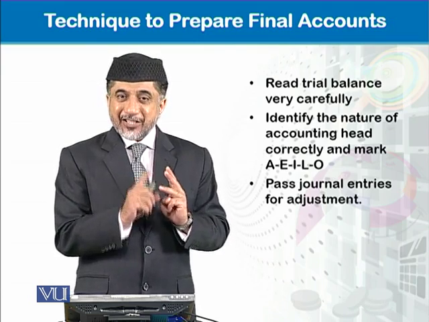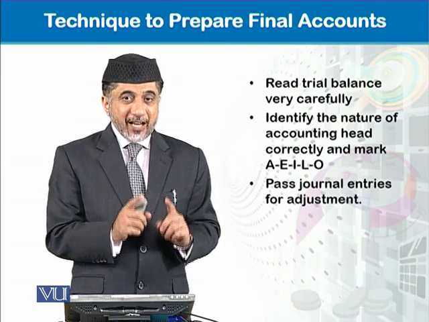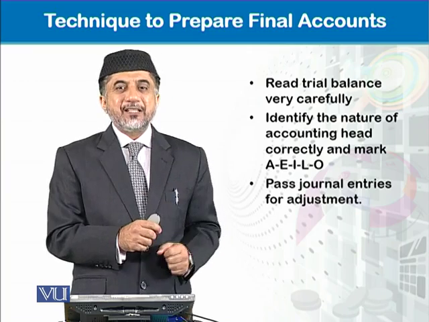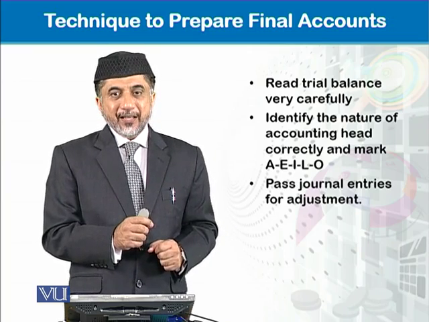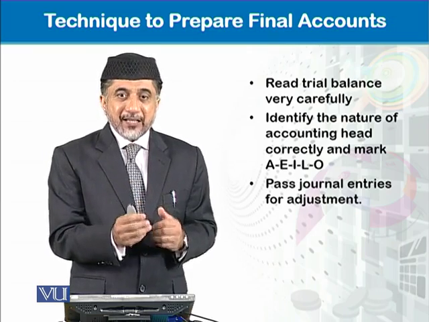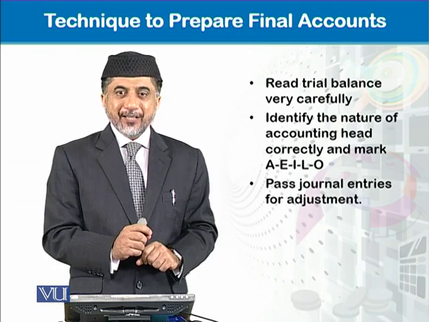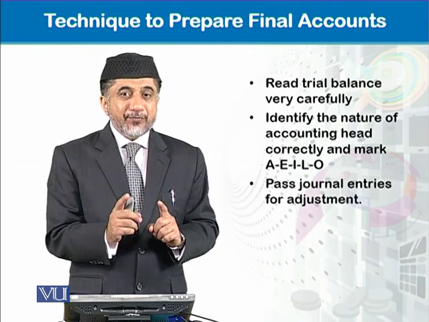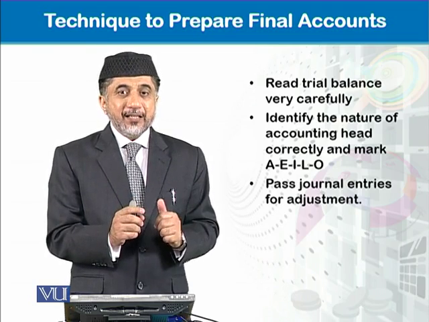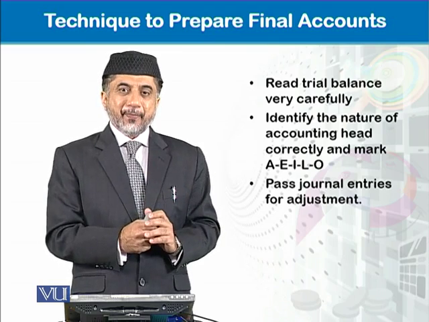For these conditions, at that stage, I told you that the time will come when we will discuss what the conditions are. These adjustments are the conditions, in fact, for which we need to do some adjustments in already recorded financial information. Okay, so already recorded financial information is appearing in the trial balance. Their balances are appearing in the trial balance.